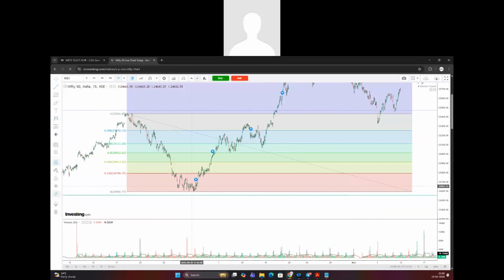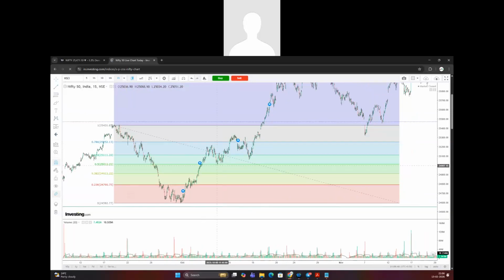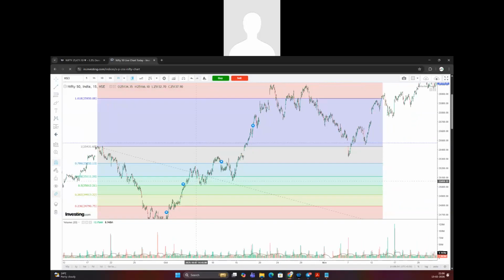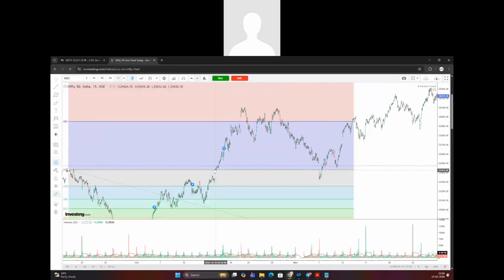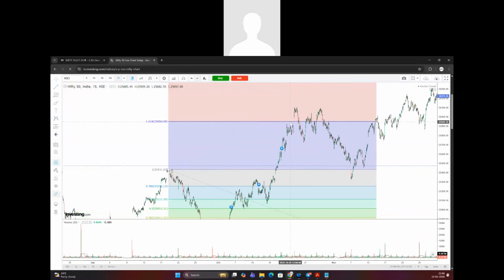It was able to cross 0.236, took support, started moving up. The first target was 0.618. Again it came down, touched 0.5, 50% retracement. Then again moved up to 1. It was able to successfully cross 1. Immediately it moved up to 1.618.